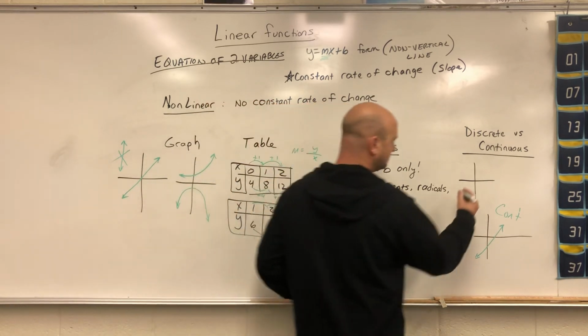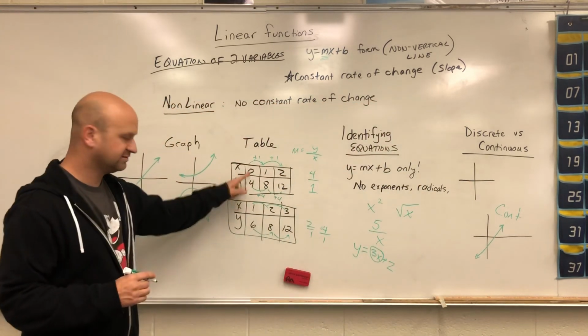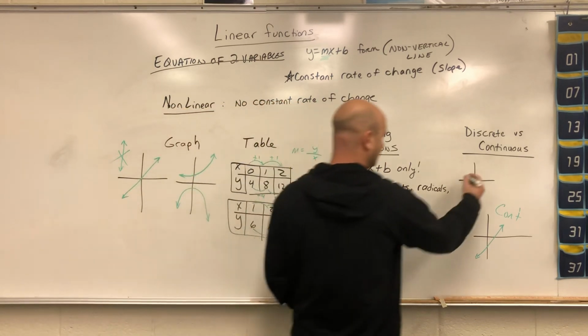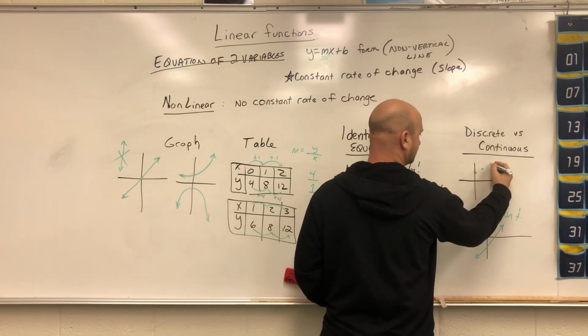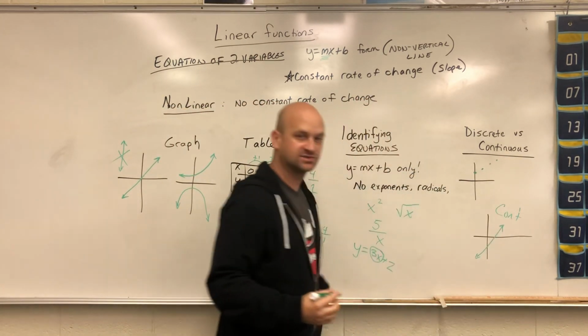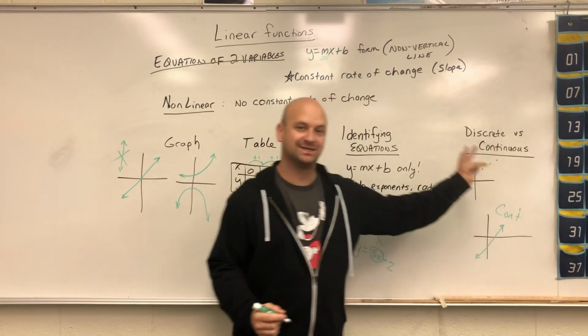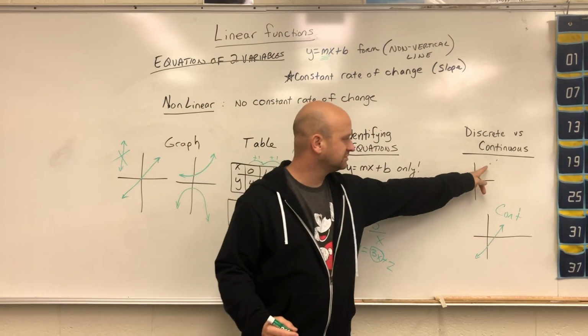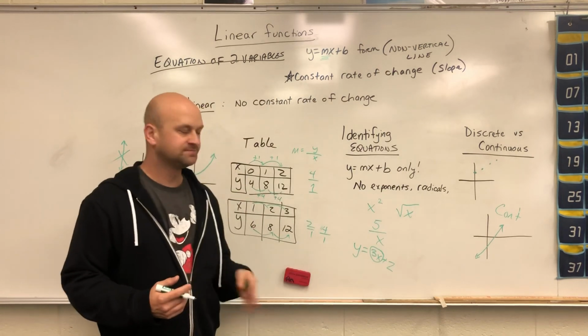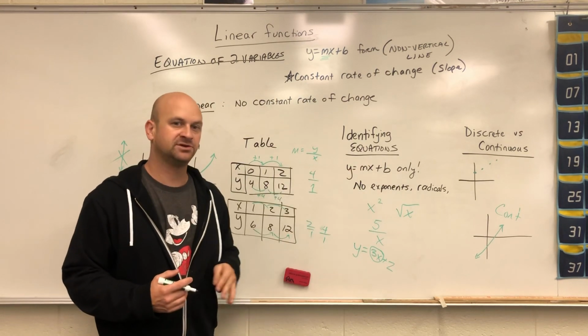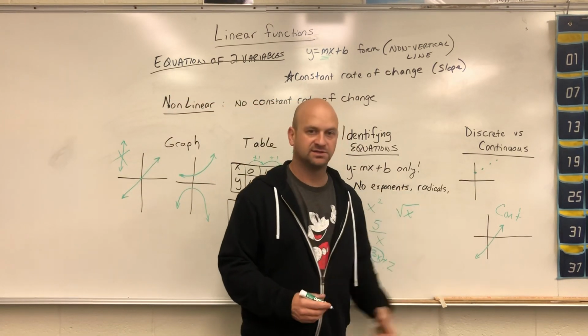Now a discrete one might be something from a table. We have table values, and so we might have 0, 4, and then something of that sort where we're plotting points and that's it. We don't have values in between that are given to us. So in these cases, these are both linear, but this is discrete and this is continuous.